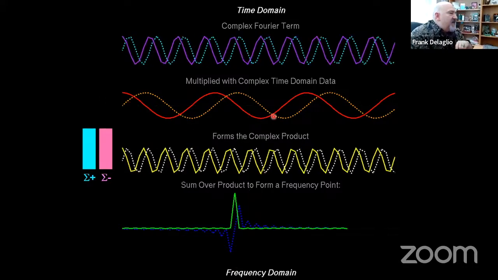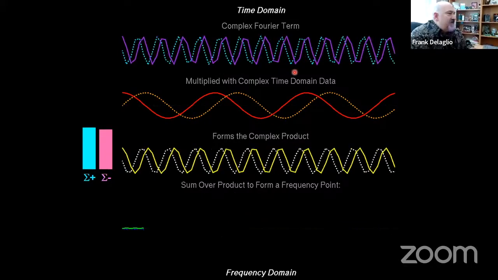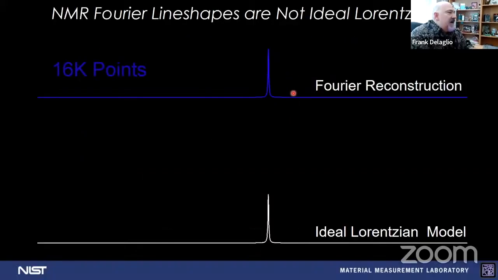Now, this nice behavior only holds true when we have a continuous signal. And so in practice, when we have a shorter signal or fewer points, the result that we get from the Fourier transform is no longer optimal. In a high resolution 1D spectrum, we might measure 16,000 points, and we get a corresponding spectrum that looks like this.